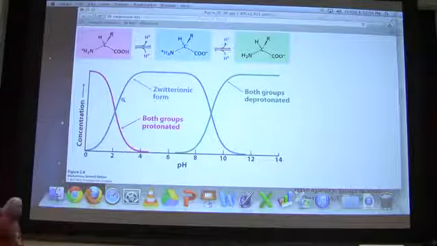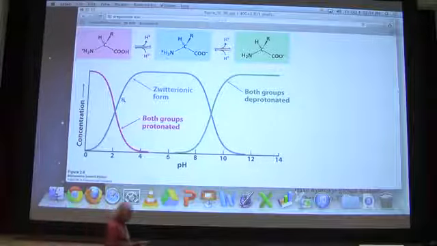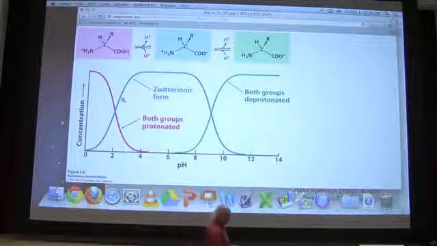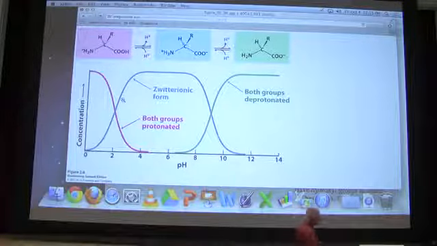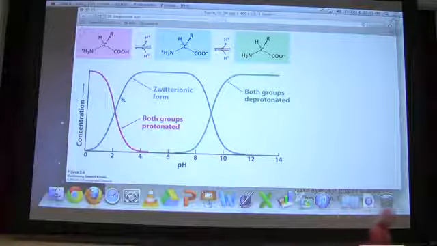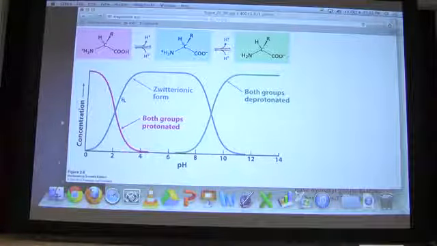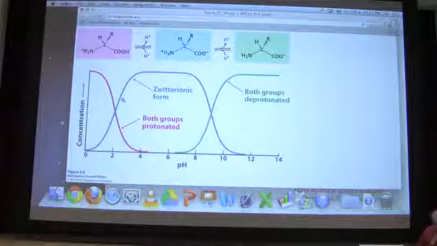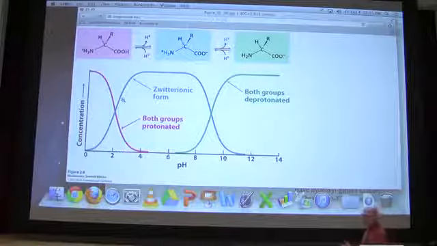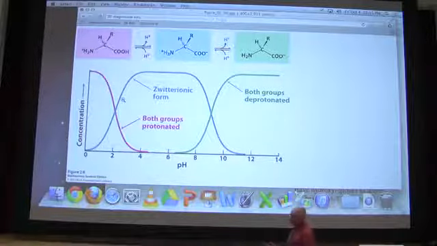Now, from your organic chemistry, you should remember the following. And yes, you will need to remember the following. Amines can have a charge of +1 if they have an extra proton, in which case they're an acid. Or they can have a charge of 0 if they've lost that proton, in which case they're a salt.